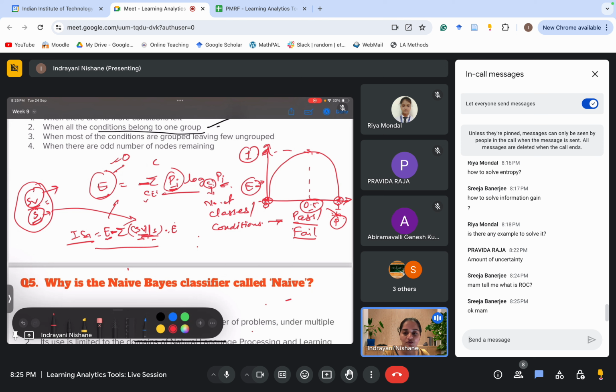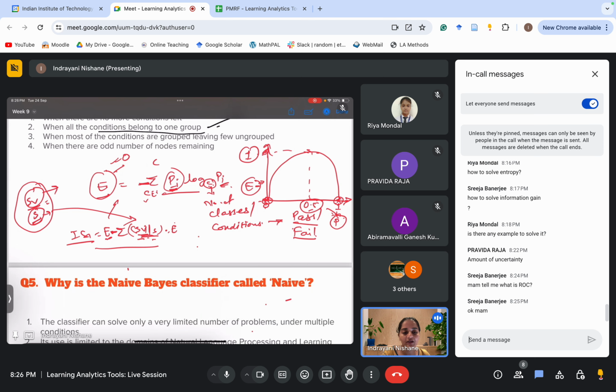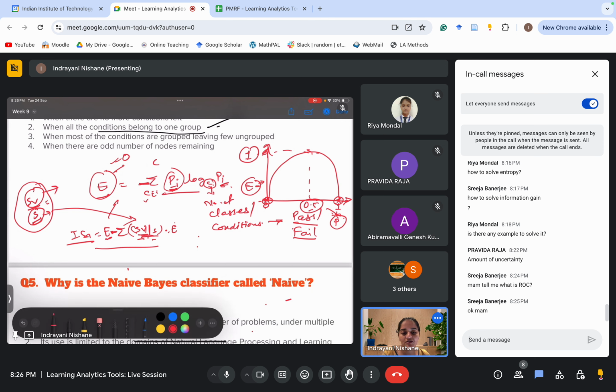I know that ROC, accuracy, precision, all these words are very new to all of you. So one way to ensure that you remember all the formulae is to go through the lecture notes or the PDFs which I share periodically, so that you become well versed with the terminology of this course.